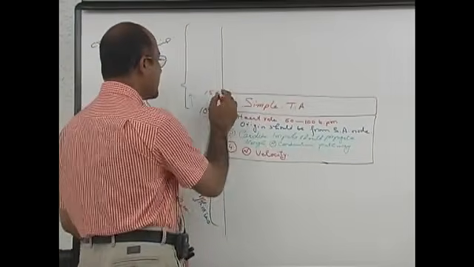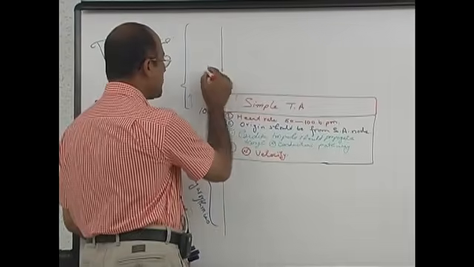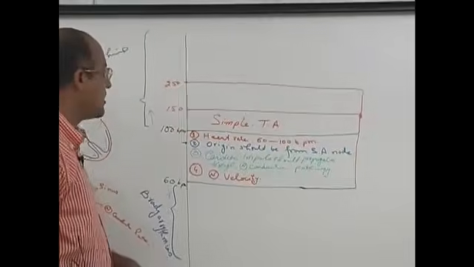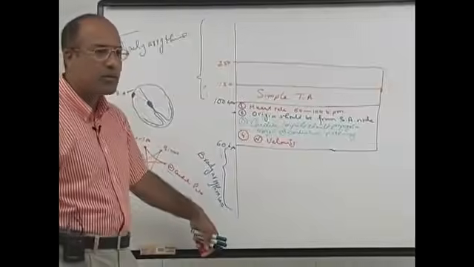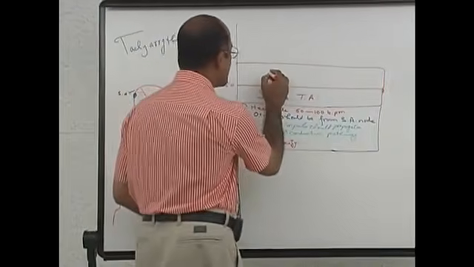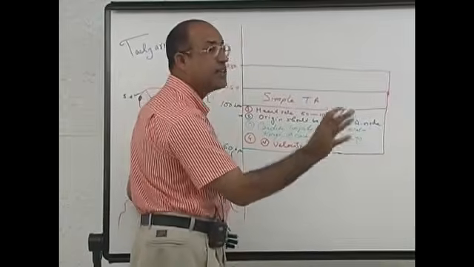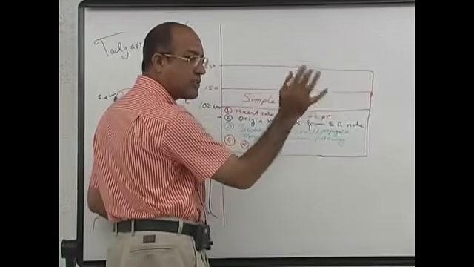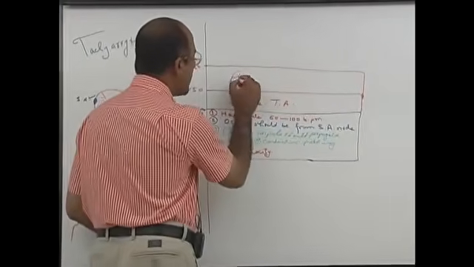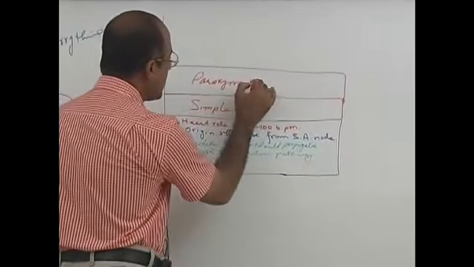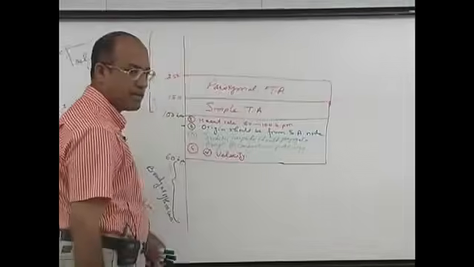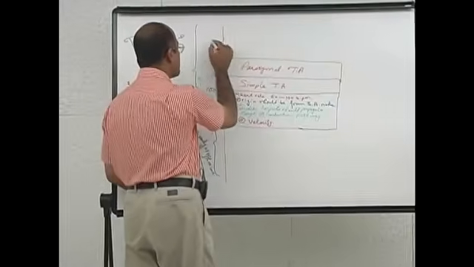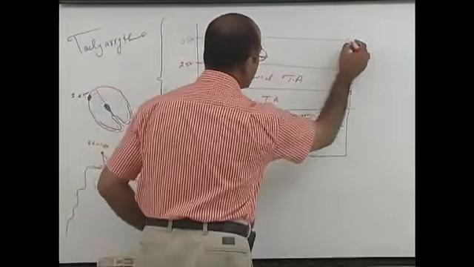And if the heart rate is somewhere between 150 to 250, usually this condition suddenly appears and then disappears. Because such arrhythmias suddenly start and usually suddenly terminate, we call them paroxysmal tachyarrhythmias.